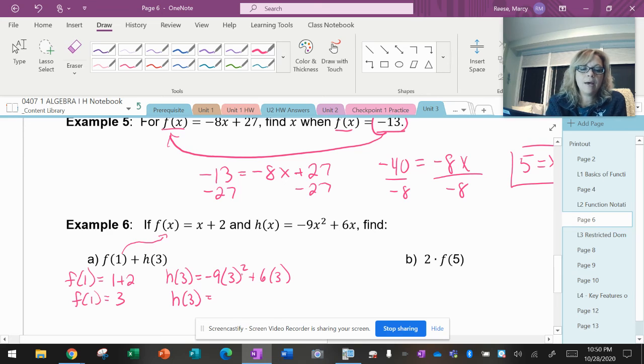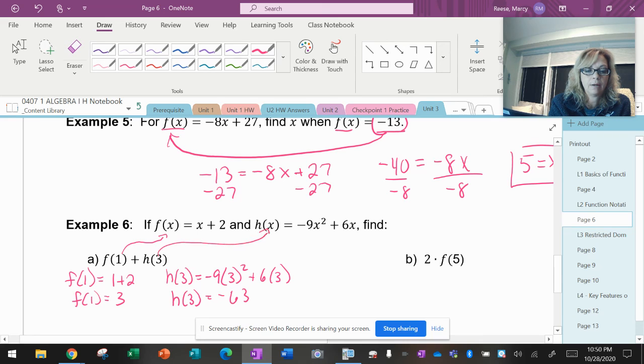And I've got 9, negative 81, plus 6 times 3. I'm going to peek here because I already did it. And I got negative 63. Make sure my math is right. Yeah. Okay. Now, what I did was I did them separately, right?